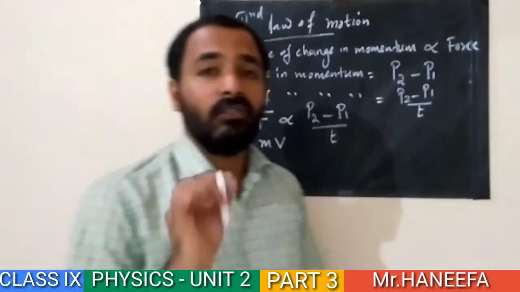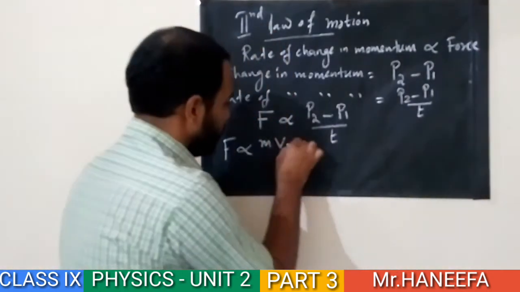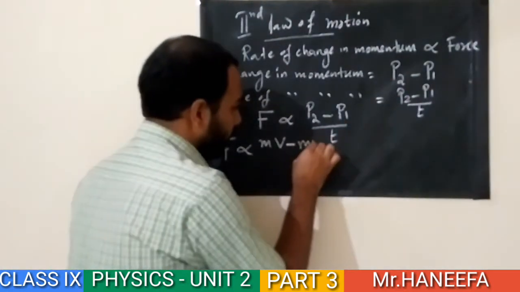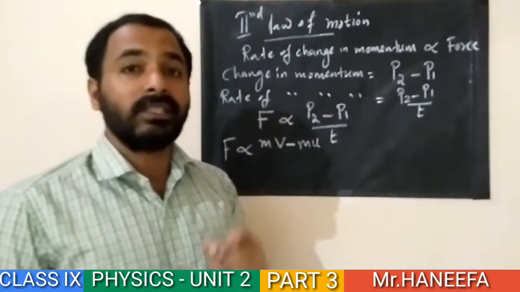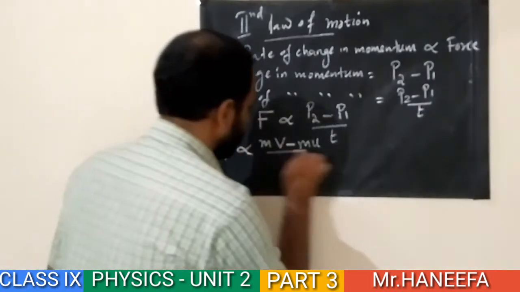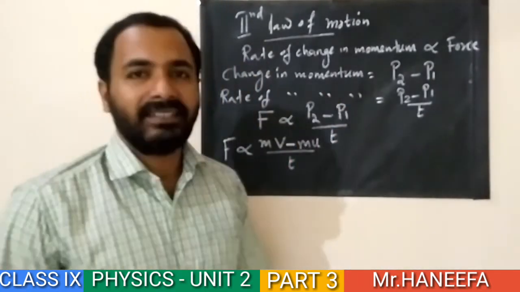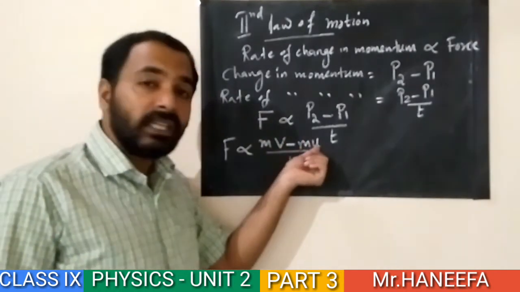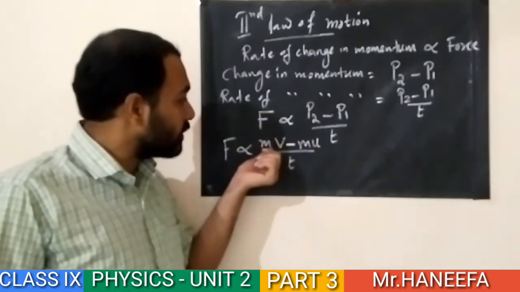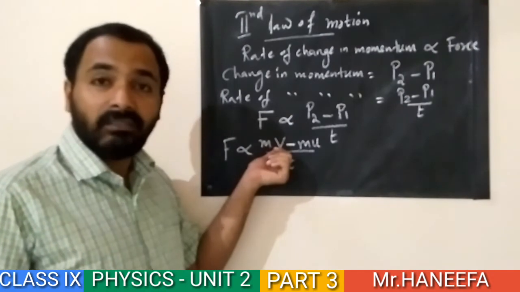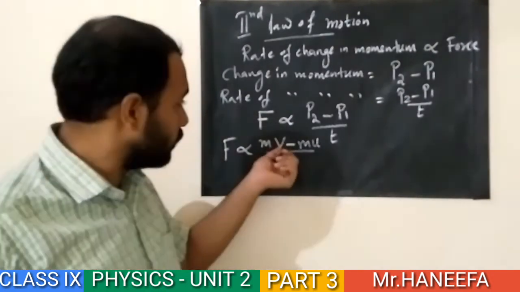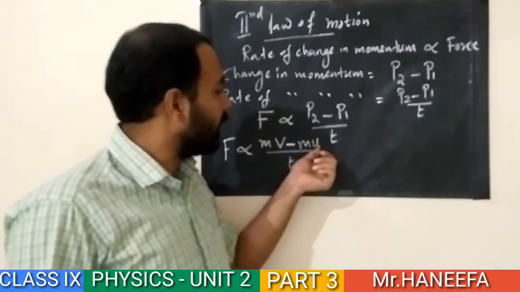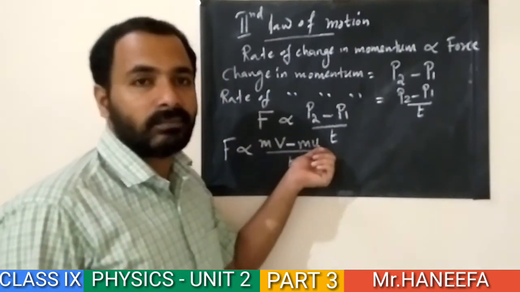What is the initial momentum? That is mu, divided by t. Here v is the final velocity and u is the initial velocity. Mass multiplied with the final velocity is the final momentum. Mass multiplied with the initial velocity is the initial momentum.